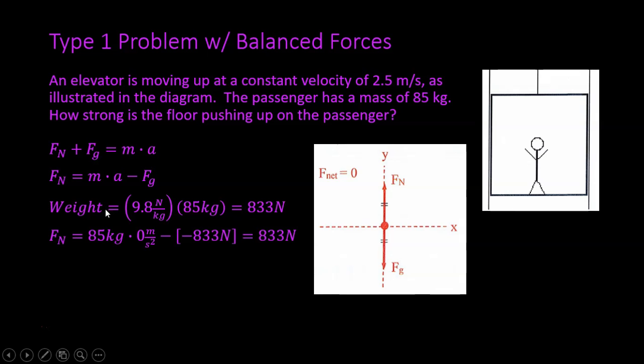And we can plug that along with its mass and acceleration into our equation up here. The mass of the passenger is 85 kilograms. Because the passenger and elevator are moving at a constant velocity, its acceleration is 0. And we plug in the negative 833 newtons for the force of gravity, and we find out that the normal force is 833 newtons.